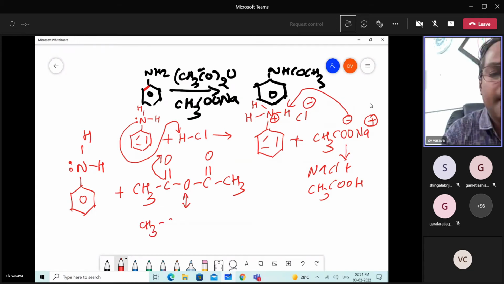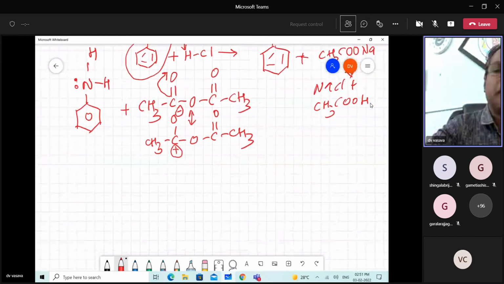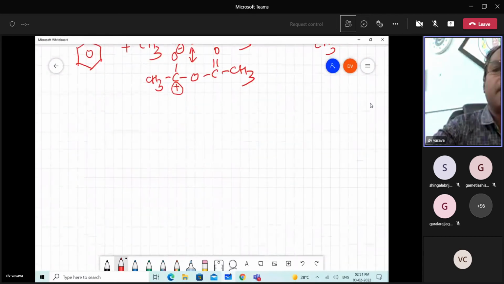CH3 CO minus, pi bond is cleaved, O minus. Now the electron of this carbon is taken, so that is why carbon will become positively charged, O, C double bond O, and CH3. Correct? So this carbocation is formed here. Carbocation is formed.